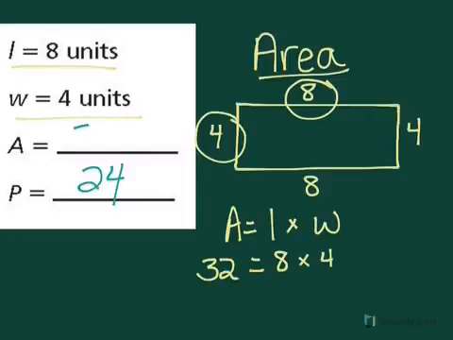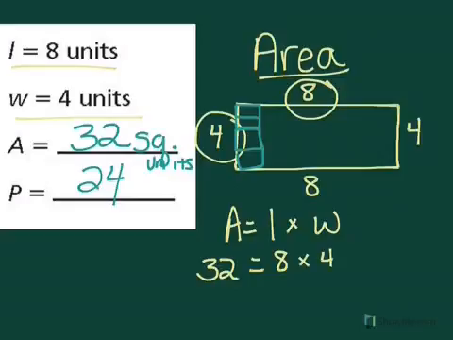So our area is 32 units. And those are going to be square units because area is measured in squares. Actually, this would be 4.